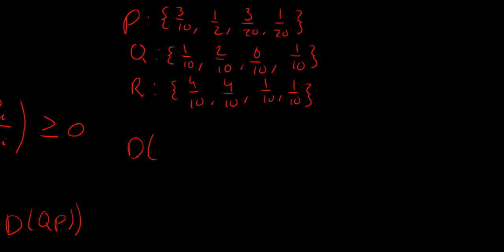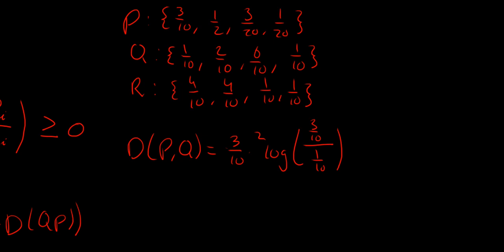If we check what the distance is between P and Q, we can just fill that in. We would get 3/10 times the 2 log of 3/10 divided by 1/10. We are comparing this one with the first one, and then we are comparing the second one with the second one.